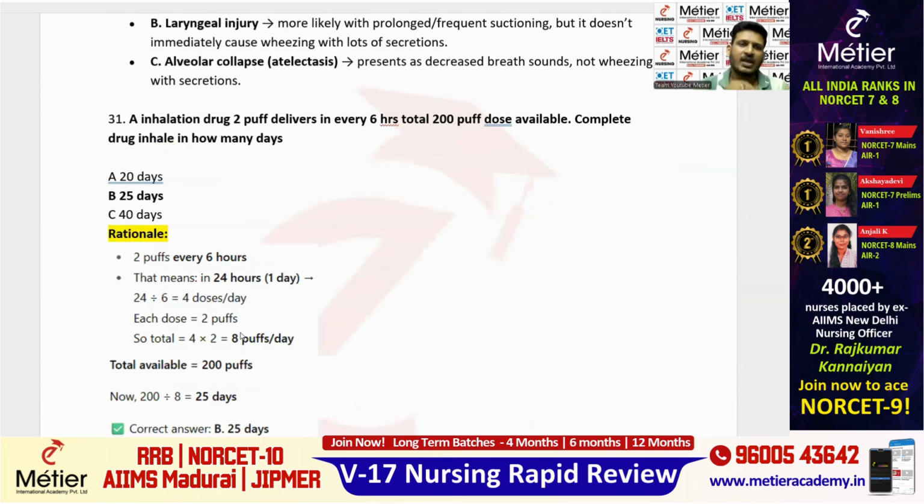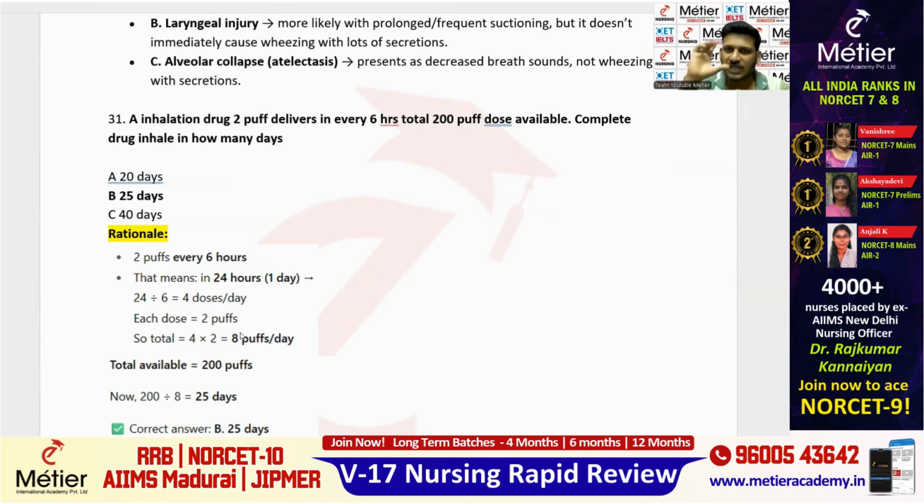The next one, question number 31. An inhalation drug, 2 puffs delivered every 6th hour. Total 200 puffs is the dosage available. Complete drug is inhaled in how many days? See, there is a puff inhalation drug.